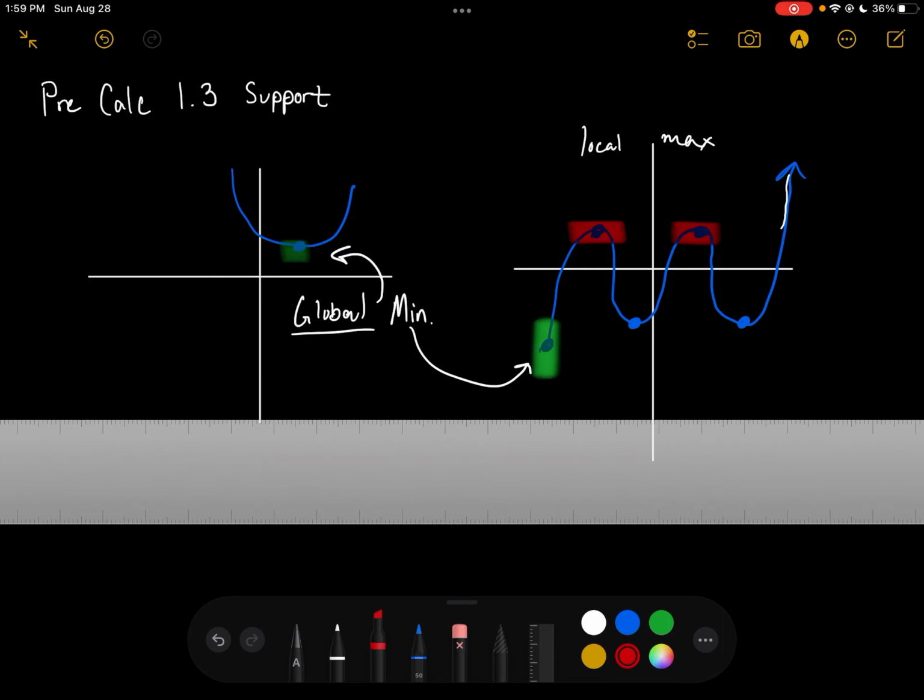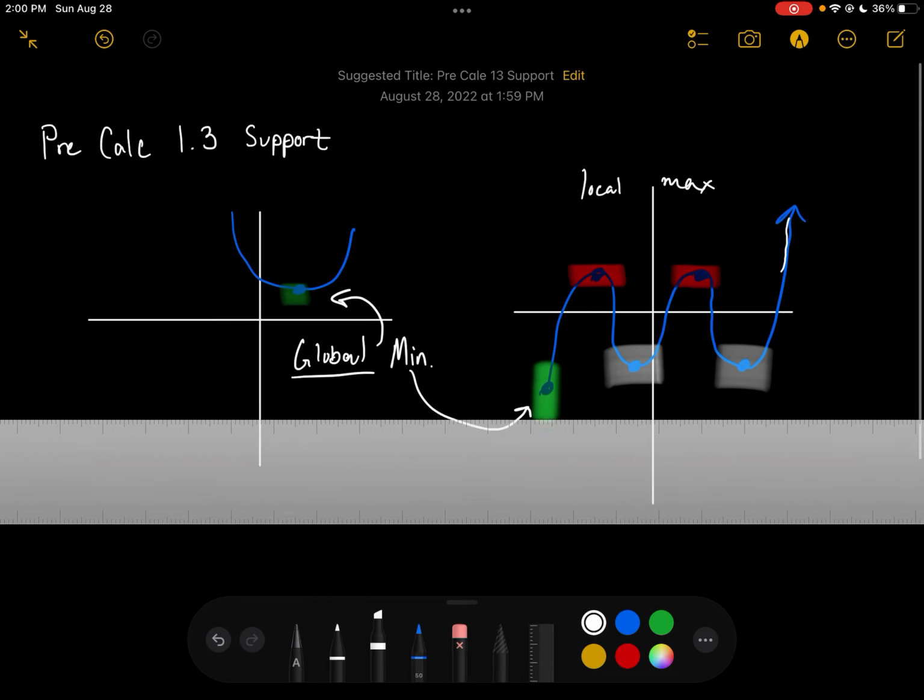The same thing goes for, we'll do this one in white. On the bottom, these two points, around them, they are the lowest points because everything on the interval goes away from them right next to them. So it's kind of like a cup, you know, it's the lowest point for that specific piece of the function.